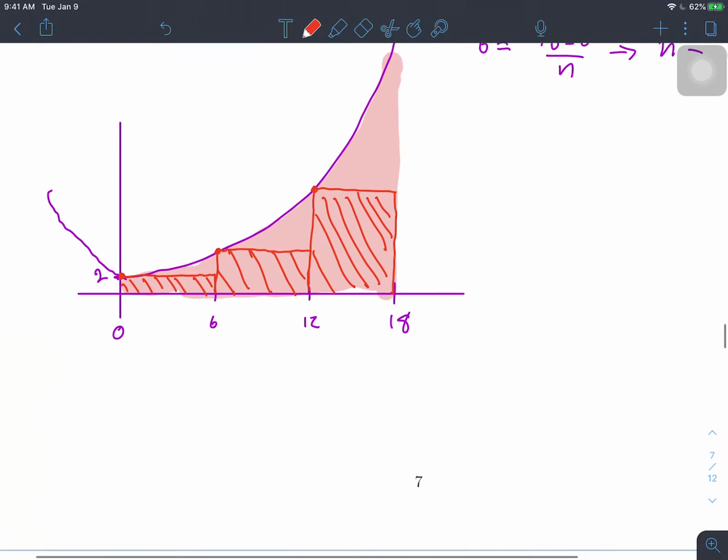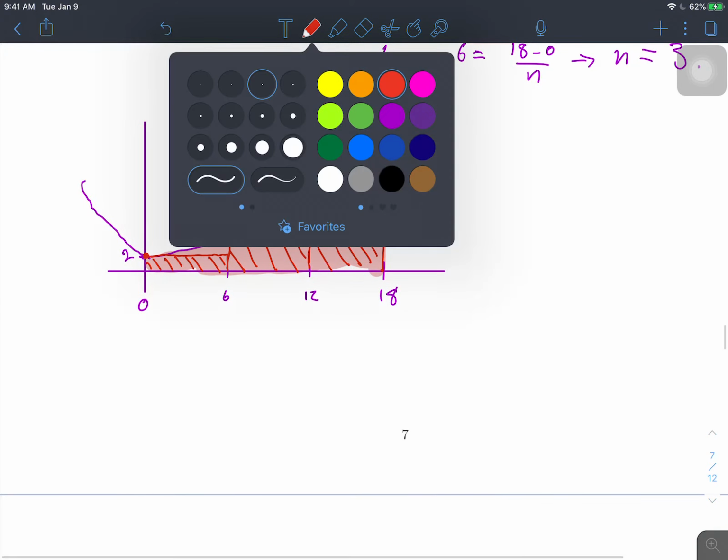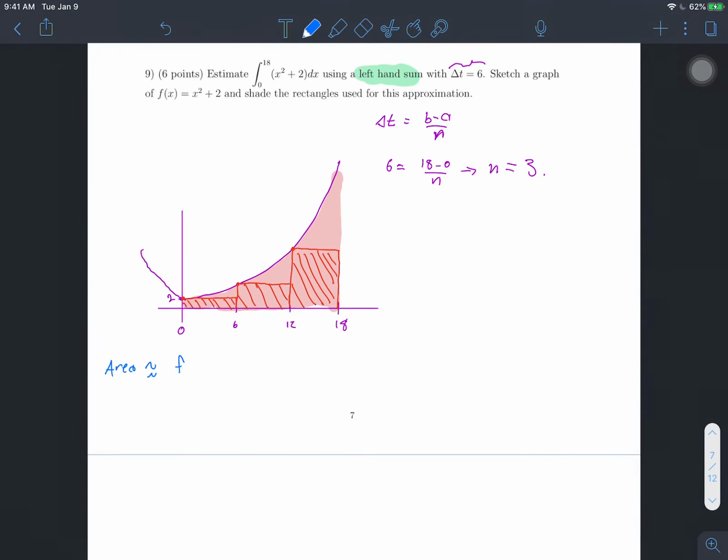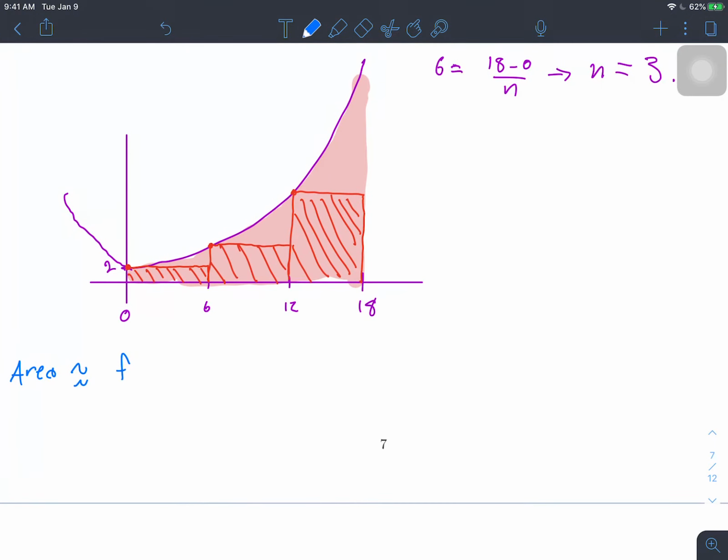So I know that this is going to take the following form. The area is approximately equal to the area of these red boxes. The area of the first box will be, is our function f? f of x, yeah. f of 0, that's the height on the left side of the interval, times the width of the interval, which is 6.